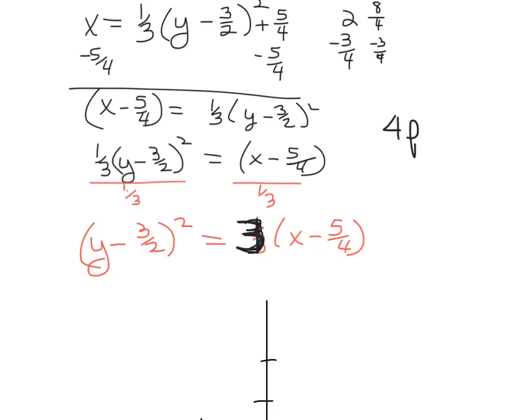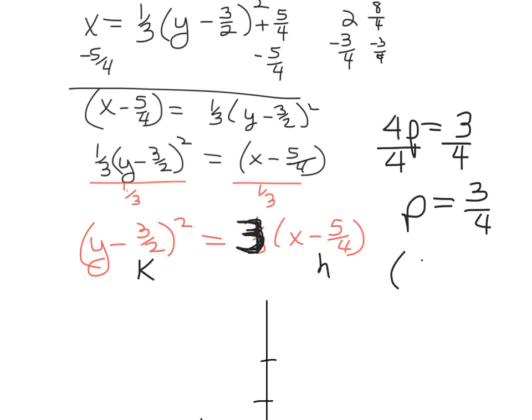So now 4p equals 3. Divide by 4, and my p-value is 3/4. My vertex, now again remember this is k, this is h, so my vertex is 5 over 4 comma 3/2. So that's the vertex.